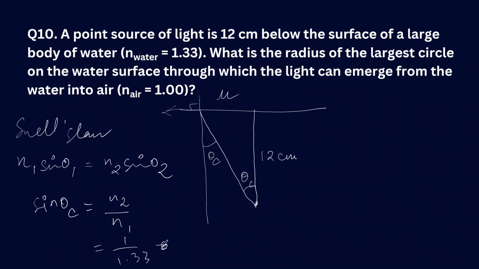Are you taking it in radians or degree? I'm taking it in radians. Okay, make it in degree. Let's see what it comes to in degree. Sine inverse 1 by 1.33 is 48.7 degrees.